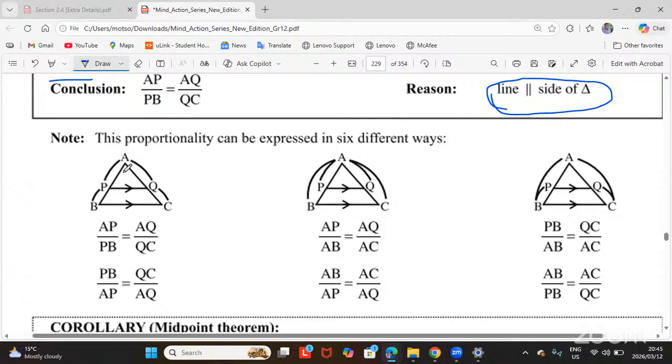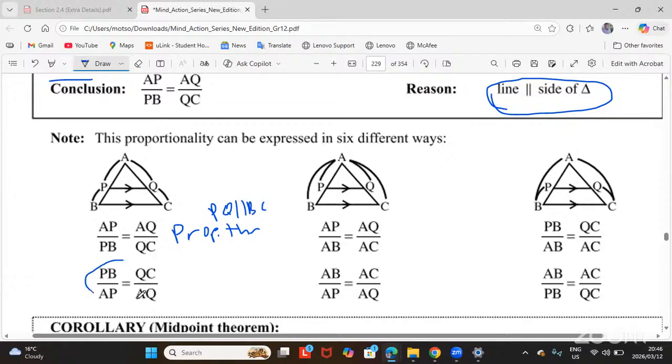We talked about this one in the above example: AP over PB, this side, is equal to AQ over QC, this side. Then you support that statement with the reasoning that this is the proportionality theorem. Why do we say this is the proportionality theorem? Because PQ is parallel to BC. Perfect. We are done with that one.